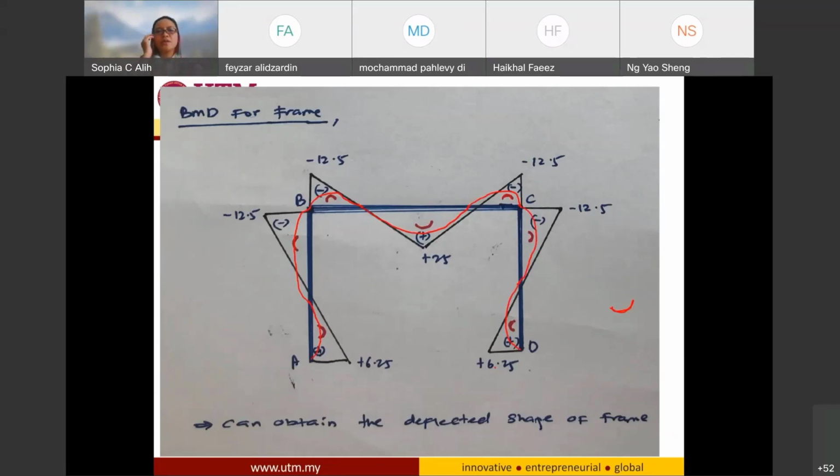So this is basically the deflected shape of the frame based on the external force that it has, and also the support reactions that it has. Okay, so basically that is the end of our slope deflection method for frames. If you have any questions, you can ask right now.